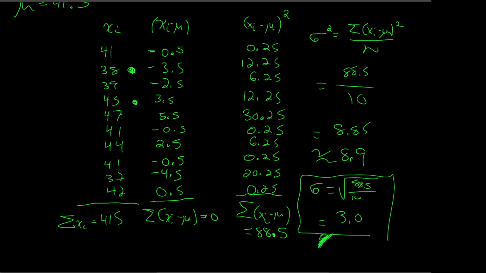And so standard deviations will become our method, not the mean, but our method for talking about how wide the data is. And we'll look at this a little more visually. And so that is the population standard deviation. I'm going to take a pause here, and then I'm going to do the sample standard deviation.